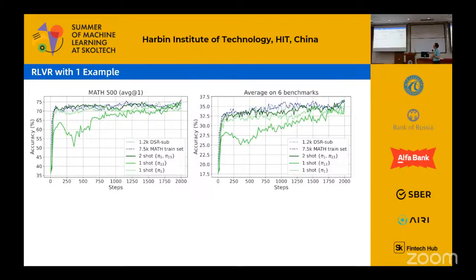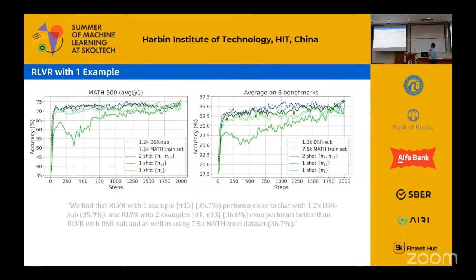And another interesting study, maybe not that accurate, shows that even for RLVR training, you only need to have one training example. You don't really need thousands or millions of training examples. With just one training example, for example this pi 1 or pi 1/3, just one short training, you can already get a very good performance, even comparable with thousands of math training data set.